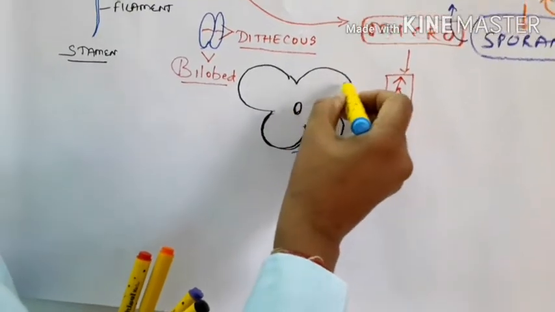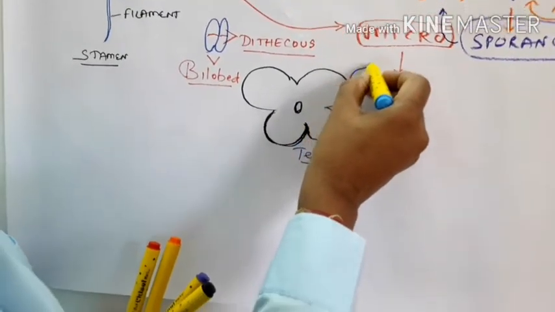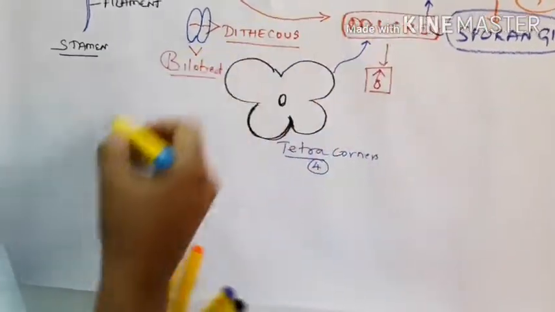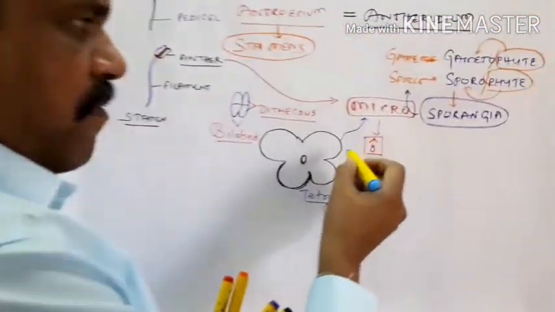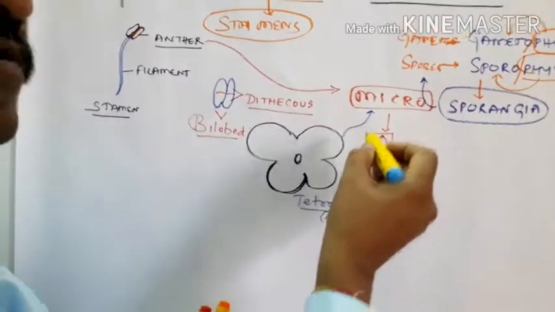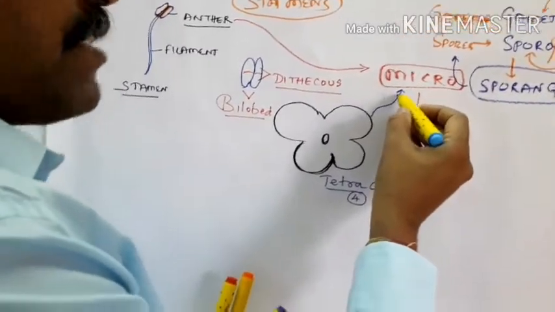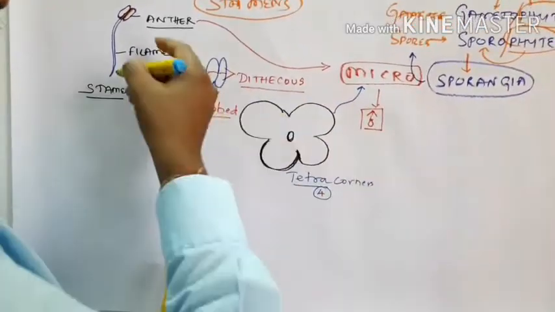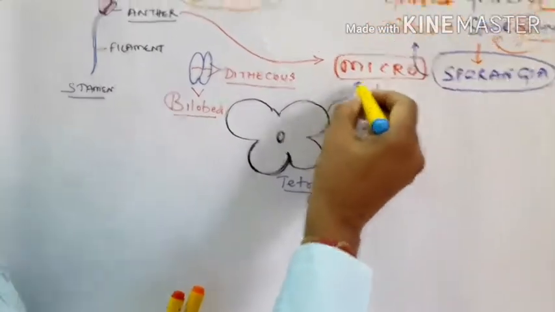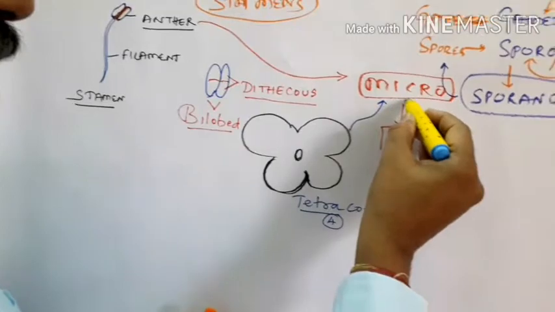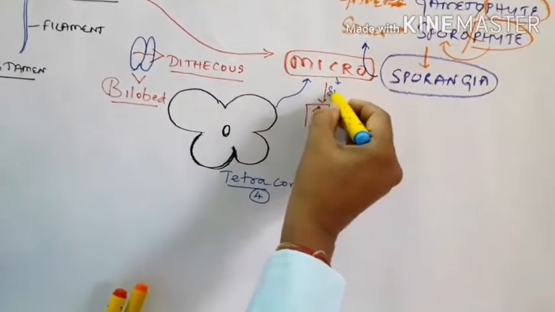Each lobe corresponds to a microsporangium. So all together it is called microsporangia. What do you have to add to micro? You have to add sporangium.